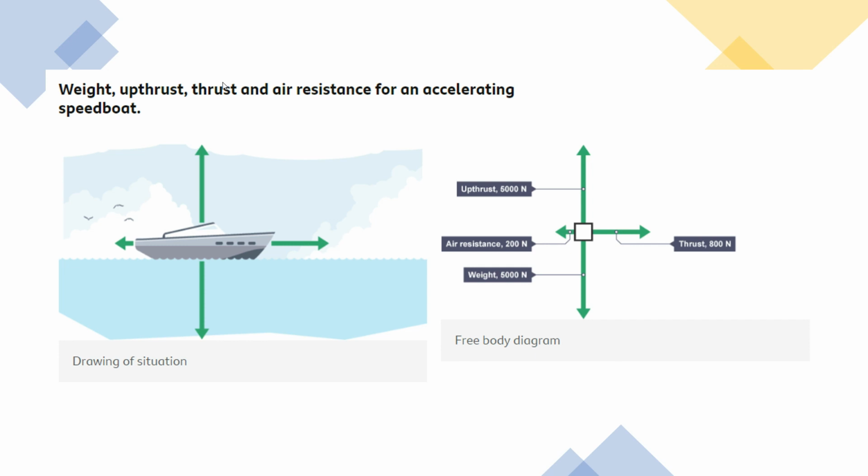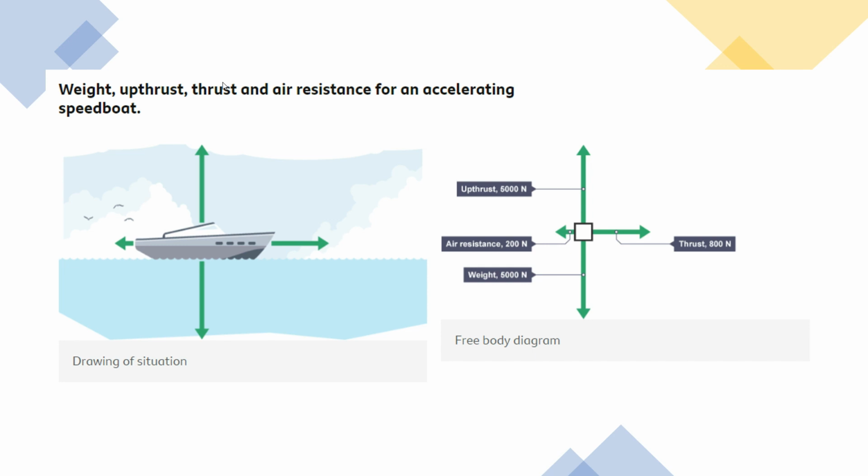Right, next we will see the free body diagram of a yacht or a boat or a ship or any object on the water. Okay, now as we can see, as the boat is moving in the forward direction, there is a thrust of 800 newtons. What is thrust? Thrust is a mechanical force which is applied because of some mechanical movement.